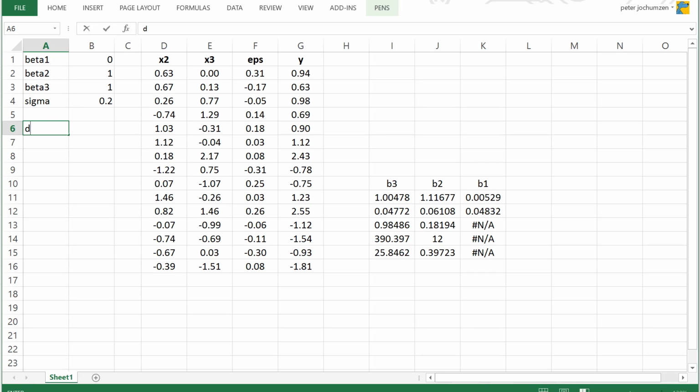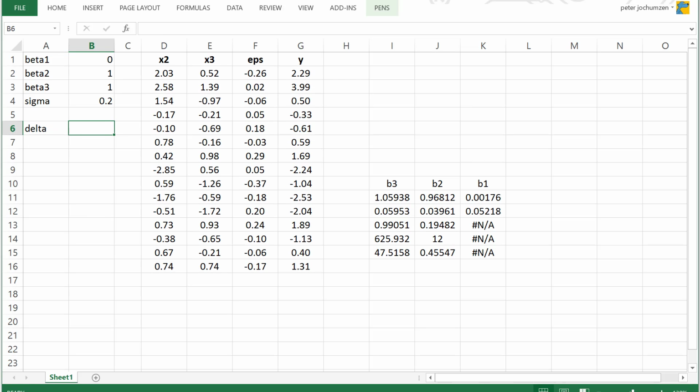I'll introduce a parameter here that I'm calling delta. And it's just for this particular simulation study, so it's not a new symbol introduced into econometrics. And this delta will take a value between 0 and 1. So when it takes 0, then x2 and x3 will be completely independent.